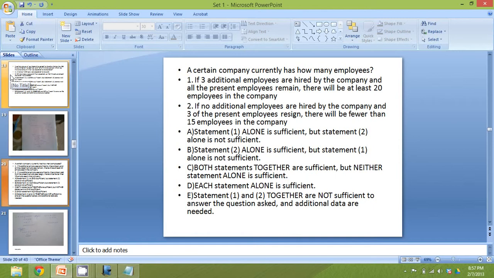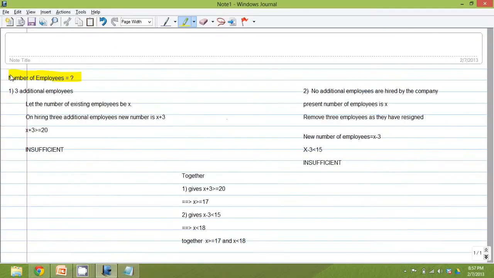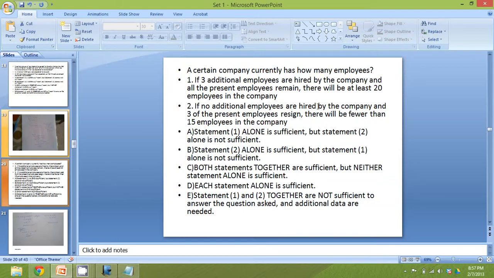So what does this tell us? That 3 additional employees are hired and no employees are kicked out, so all present employees remain. Now there will be at least 20 employees in the company. Let the number of existing employees be X. On hiring the additional new employees, the number would become X plus 3. The question says there will be at least 20 employees in the company.